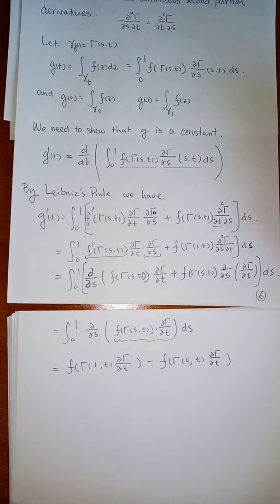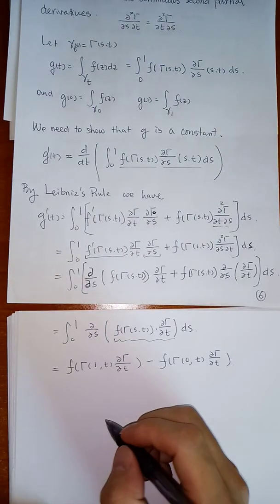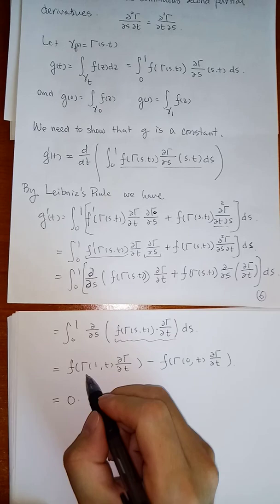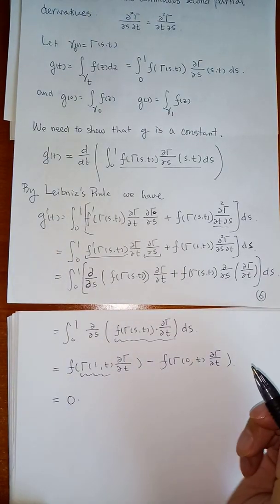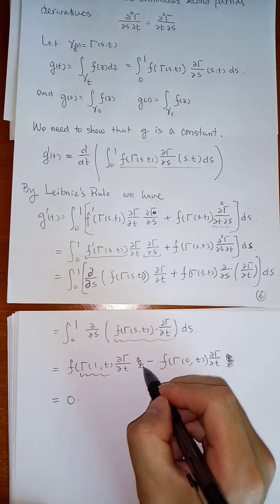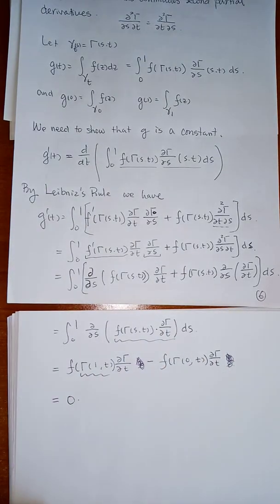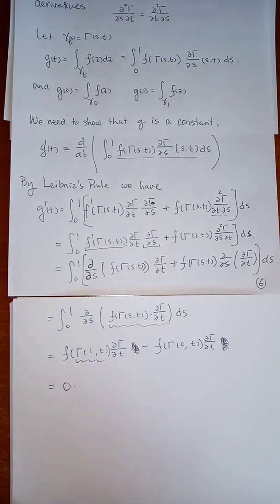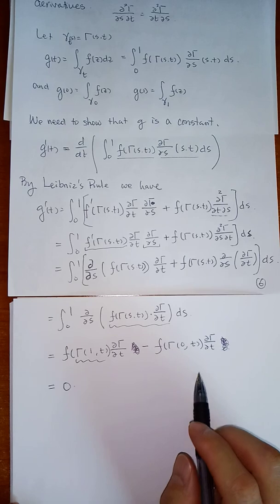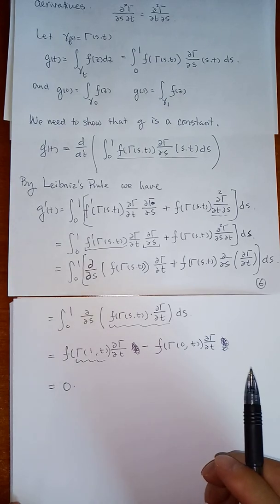So what we have is 0, because this is a closed rectifiable curve. So far this is a correct, complete proof, but with a very strong condition.